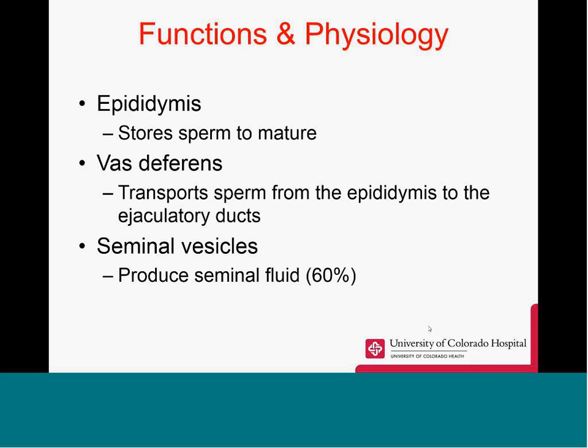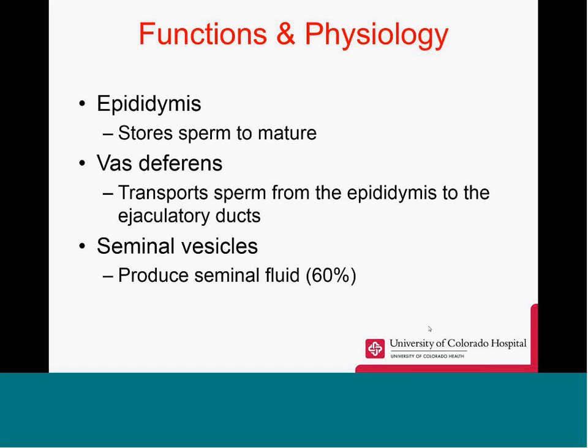The epididymis function is to store sperm for it to mature. The vas deferens, like we said earlier, has the job of transporting the sperm from the epididymis to the ejaculatory ducts. And then the seminal vesicles, of course, produce the seminal fluid. Semen is a composite of spermatozoa and secretions of the male reproductive glands. The seminal vesicles, like I said earlier, produce about 60% of the fluid.